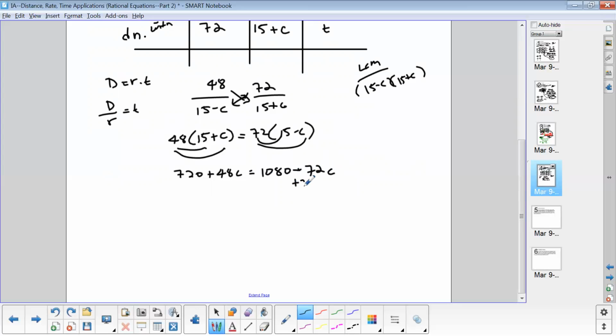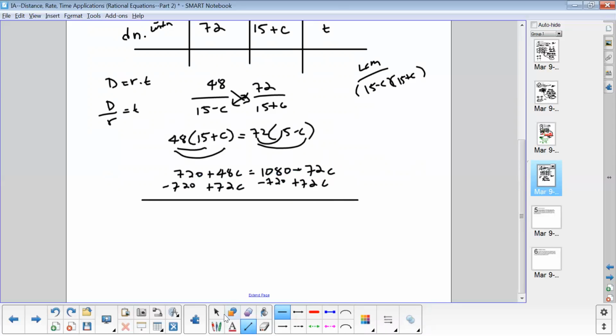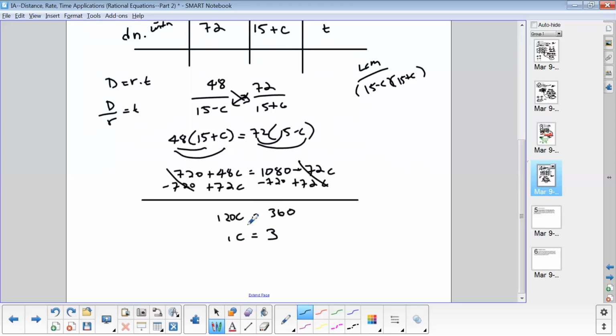So I'm going to add the 72C and subtract the 720. That goes to 0, that goes to 0. So I'm left with 360 and 120C. So 360 divided by 120, I get C as 3.